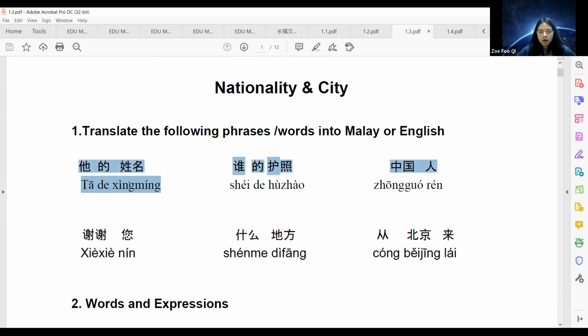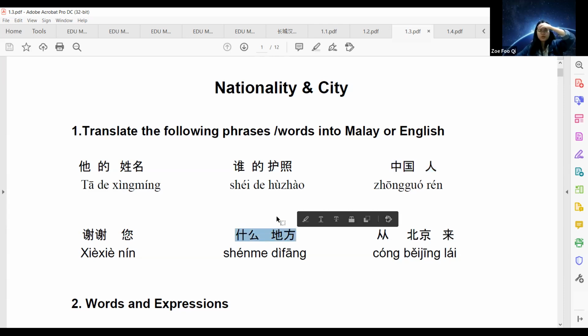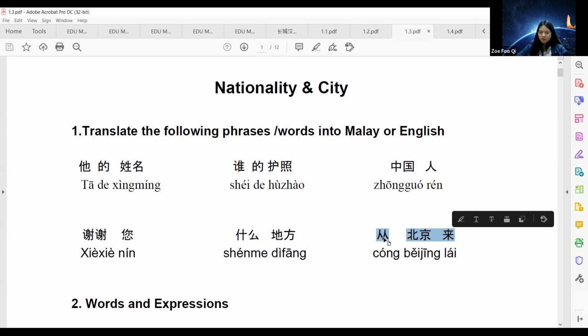So for this one, the whole thing is his full name. So we included the 姓 and the 名. Okay. 谁的护照 will be whose passport. 中国人 will be Chinese people. Okay. 谢谢您 Thank you. 什么地方 is the same as 哪儿 which is what place. Which place, where. Okay, then 从北京来 is come from Beijing.